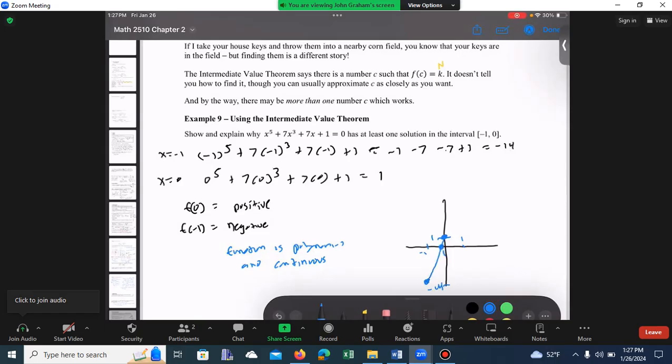That point is C. Now, it could have multiple points. Maybe it does something like this, but there has to be at least one. All right, so that is it for this chapter, and I will see you in chapter 3.